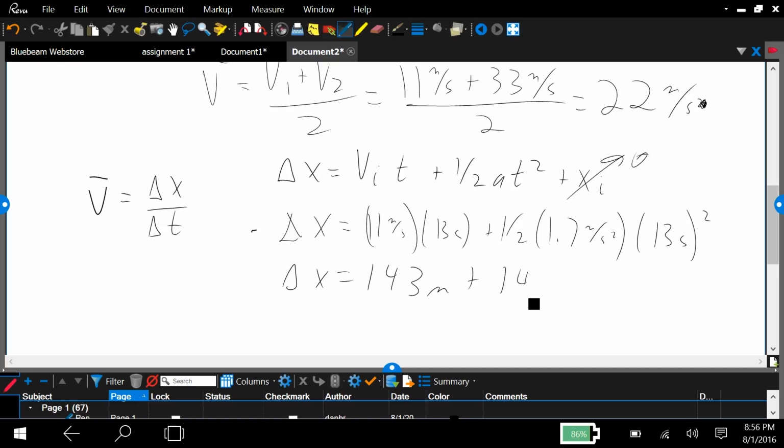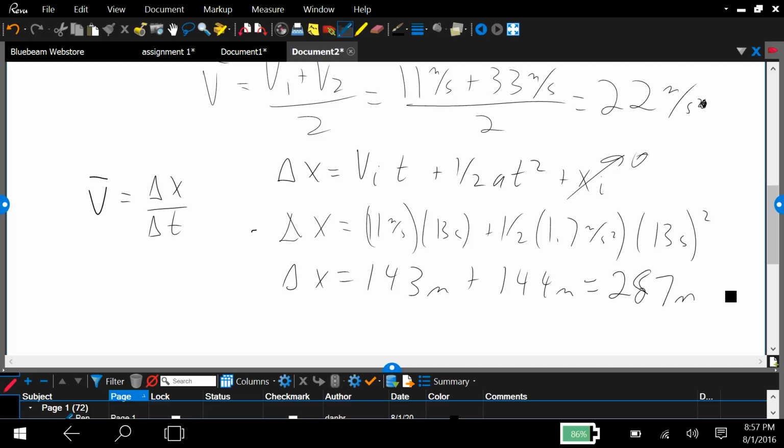I got 144 if I round, or 143.65. So when I put these two together, I'm going to get 286 or 287 meters, right?